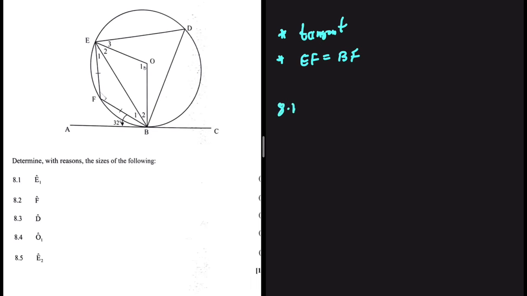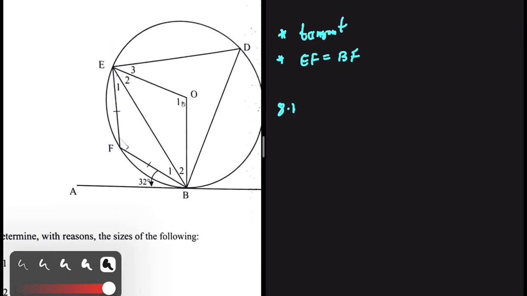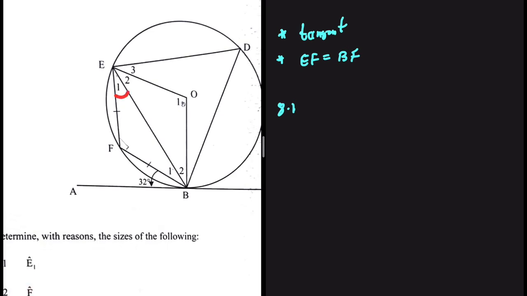8.1. Determine with reasons the size of the following angles. We have angle E1. Angle E1 is right here. Let's see if we can use the first keyword to determine the size of angle E1. The first keyword is tangent, so I'm thinking tan chord theorem.